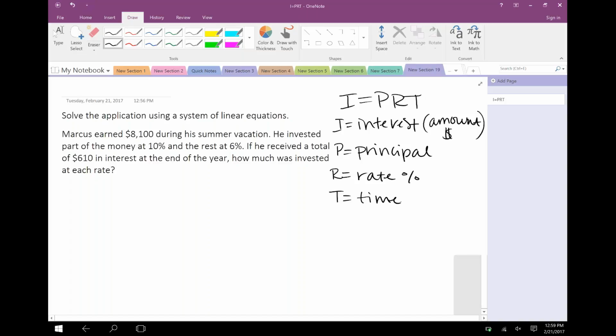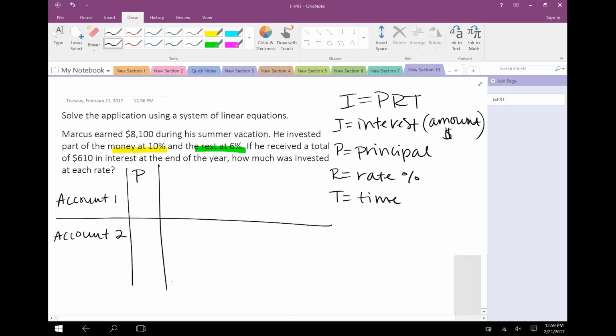Okay, so let's see. We're going to compare 2 different things. So he invests his money in 2 separate accounts. One account is at a 10% interest, and the other account is at a 6% interest. So we're going to use a table to start to organize this. I'm going to say account 1, account 2.